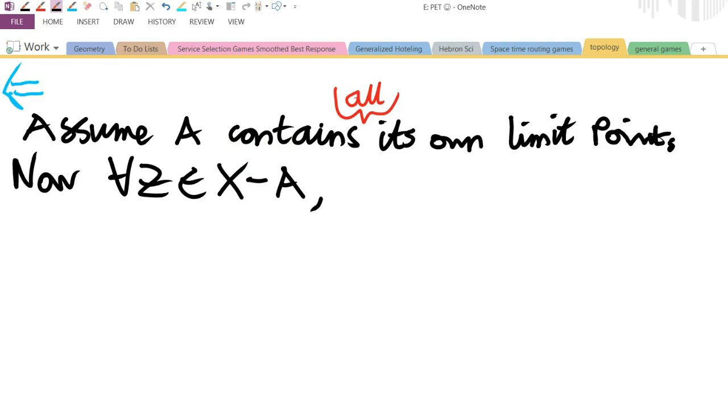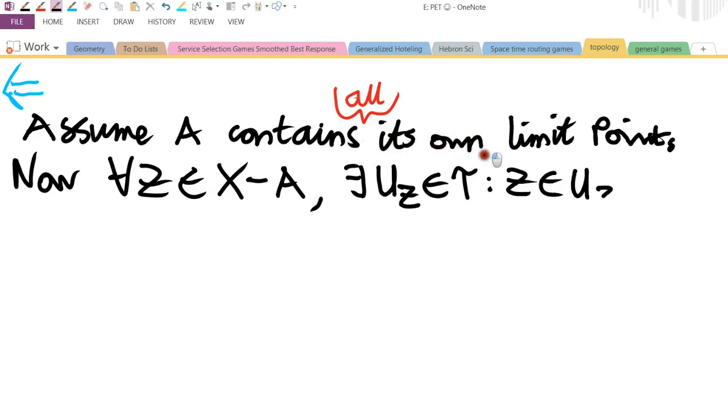But we're assuming that it's not a limit point of A, so there must exist an open set around this point Z, which we shall call UZ. It's an open set, and obviously Z has to be inside it, and also it does not intersect with A. Okay, so we have that for every single point outside of A. So what does that mean?